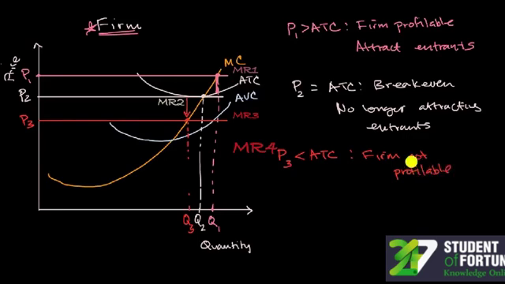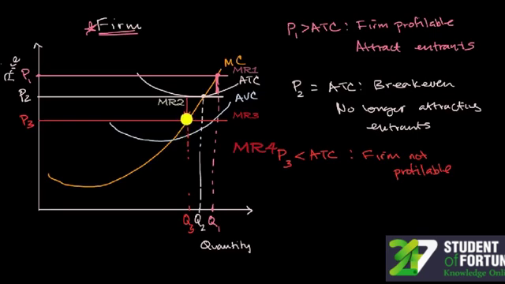Now you might say, well, what is this firm likely to do? Would it just shut down? Well, in the short run, it would not make sense for this firm to shut down because the price that it's getting is still higher than its average variable cost. In the short run, the fixed costs have already been spent. So you might as well get as much incremental profit on the margin as you can.